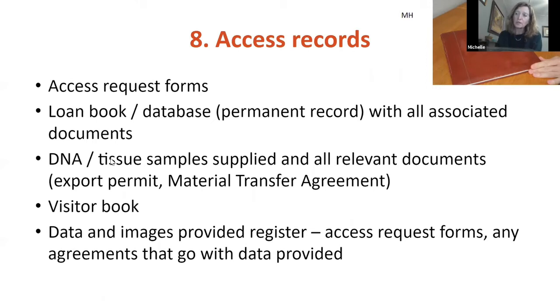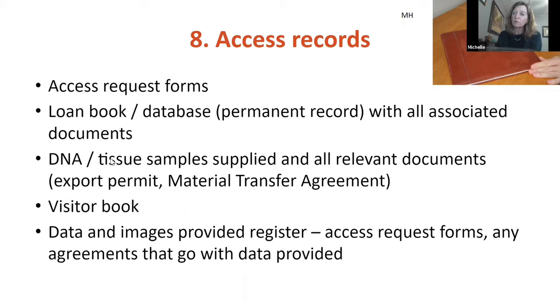You've got it documented and when it came back. And any agreements with that loan need to all be kept on file. DNA tissues, DNA extracts or tissue samples that you supplied, also that needs to be documented and filed. And any documents associated with that. So export permits, material transfer agreements.